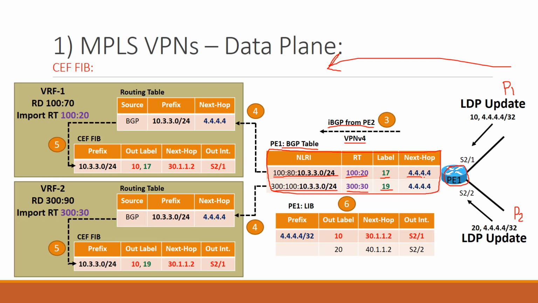And the next hop here will be neither B1 nor B2, it will be the VPNv4 neighbor, which is BE2.